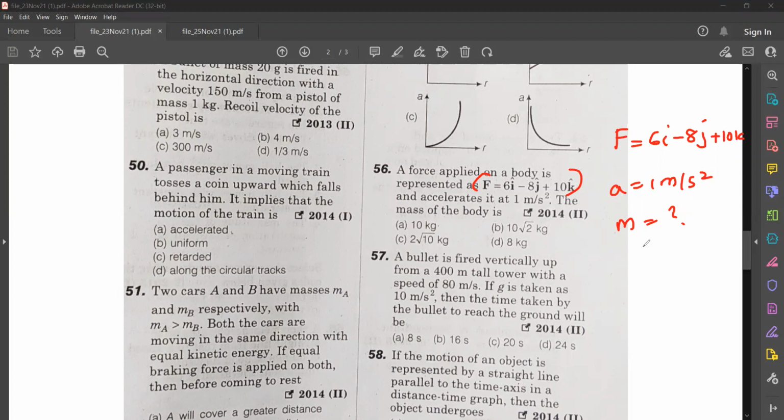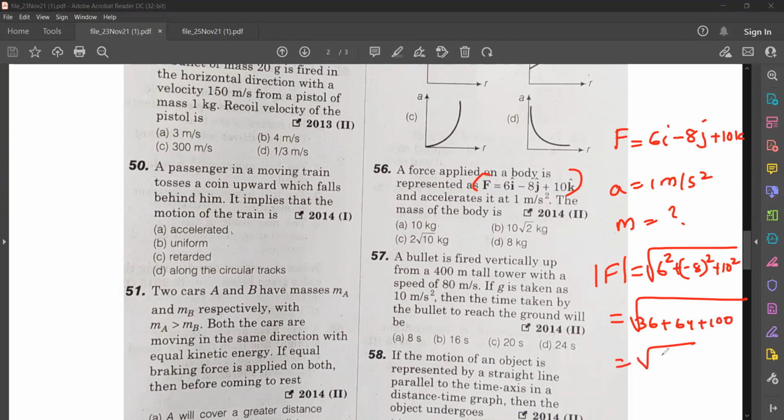They have given the force in vector form, so what is the magnitude of the force? Root of 6 square plus minus 8 square plus 10 square, that is root of 36 plus 64 plus 100, so you'll get root of 200, or you can write it as 10 root 2.